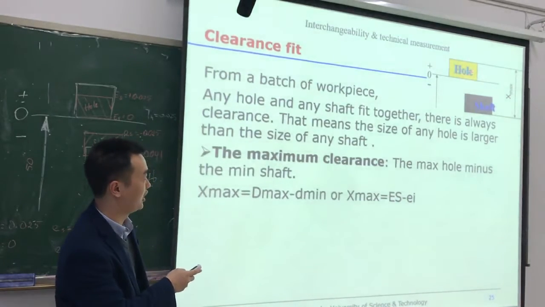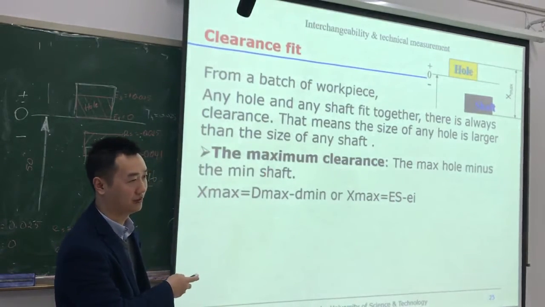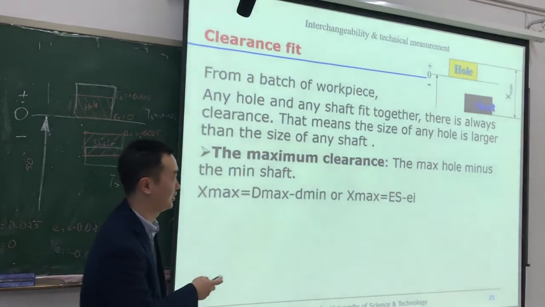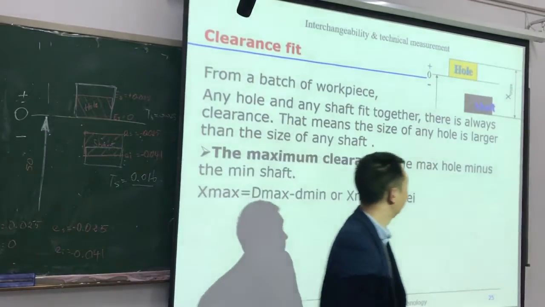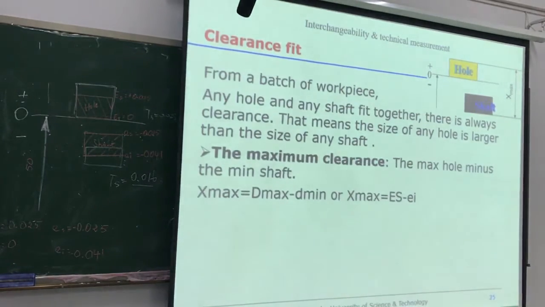In the same way, how do we get the minimum clearance? We just indicated the maximum clearance. This one, for example, this one and this one is the minimum. We use the minimum size of the hole minus the maximum size of the shaft. This indicates the minimum clearance, right?